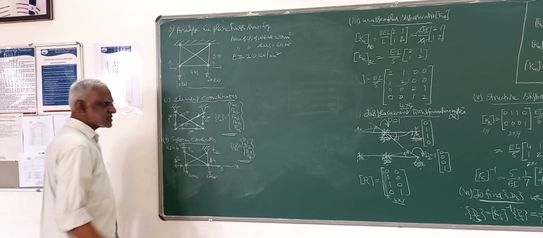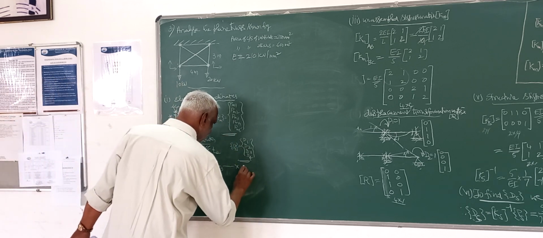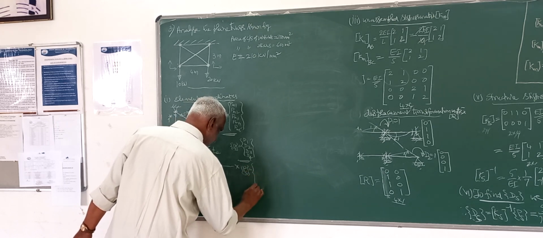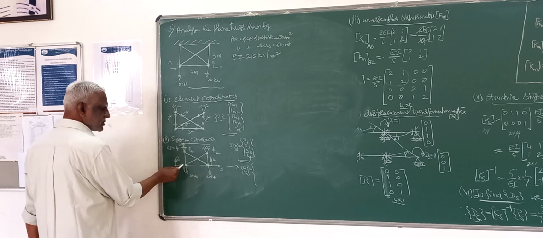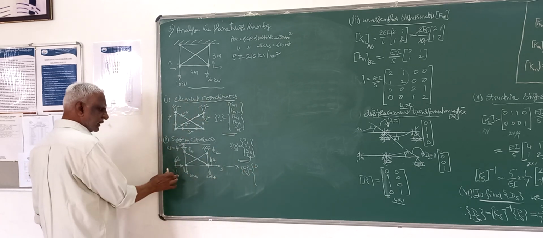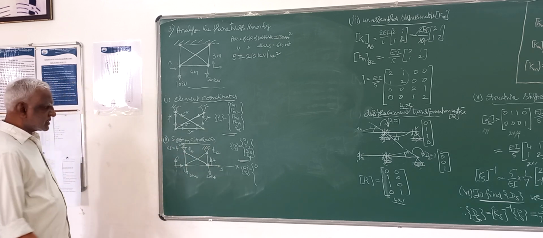The corresponding global loads I can take. Here, corresponding to 1, there is no load. Loads are all given directly in the global direction. I can take that PS matrix.